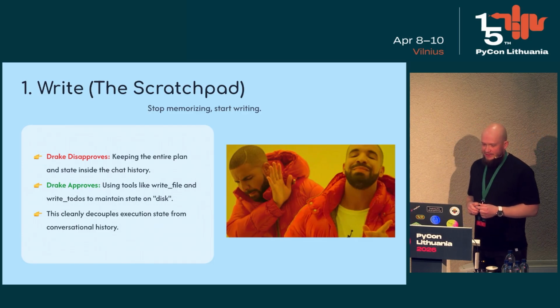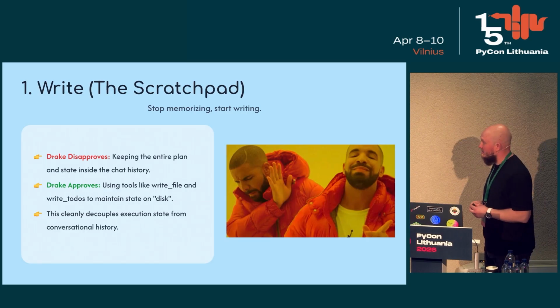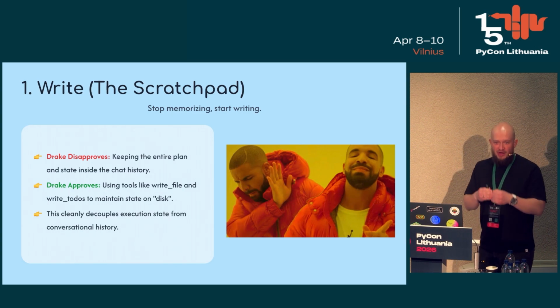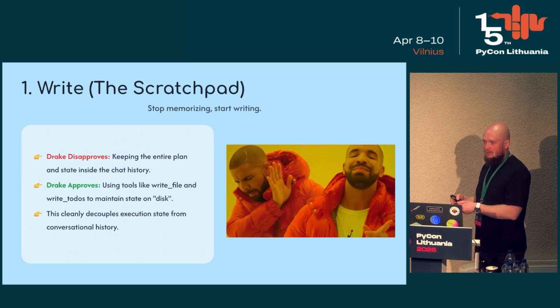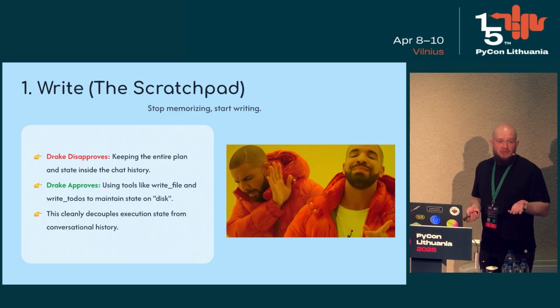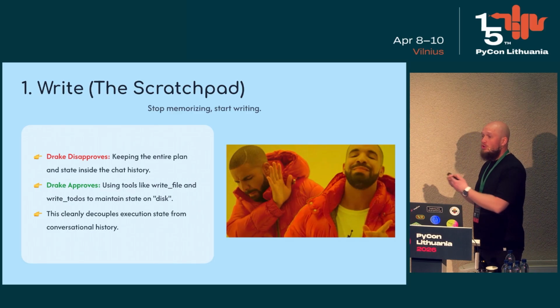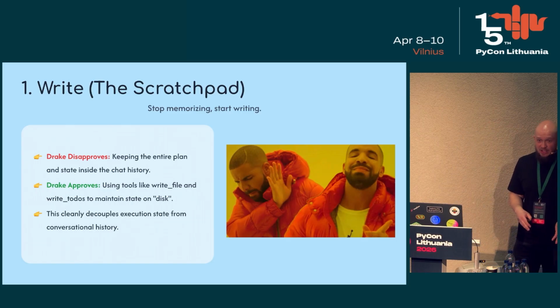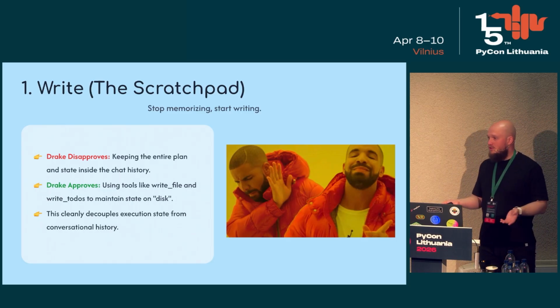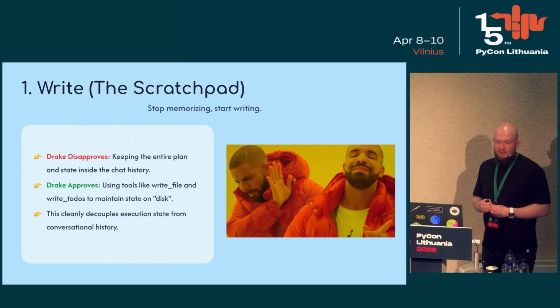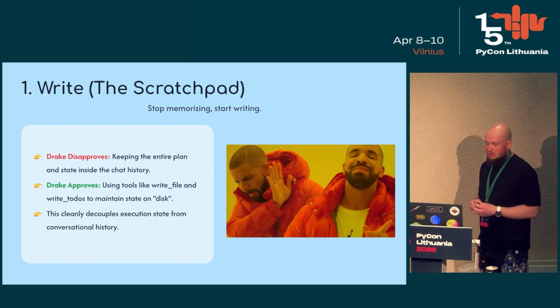First one is write. As I said, you are offloading your context into the disk. It is as simple as writing into a file. Now, you can go and either implement the writing tool yourself and all of the logic, or you could go and use frameworks like DeepAgents, which give you all of the tools out of the box as part of that framework, as part of the workflow, so it is much quicker to go into production.